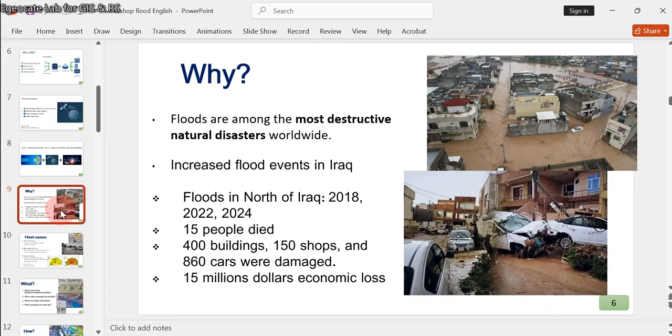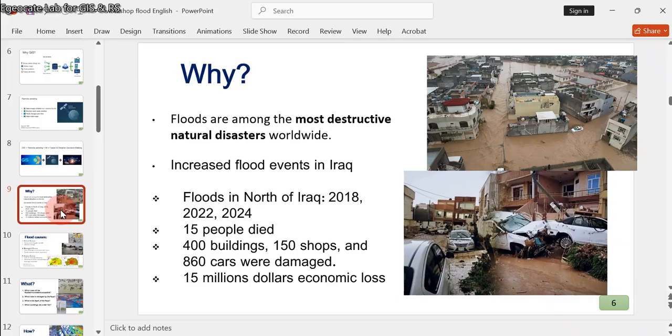Unfortunately, in 2018, 50 people died in north of Iraq. This is the data only for one flood, in which more than 50 people died because of the flood.